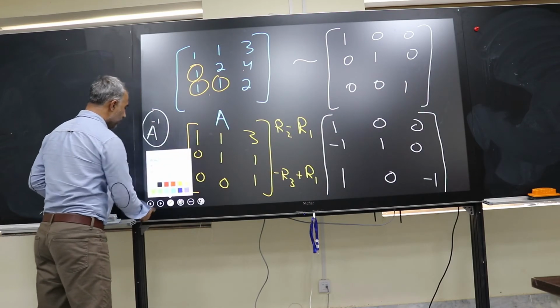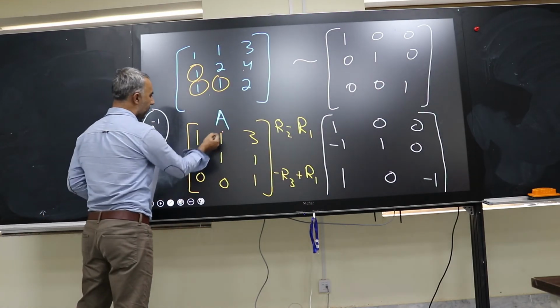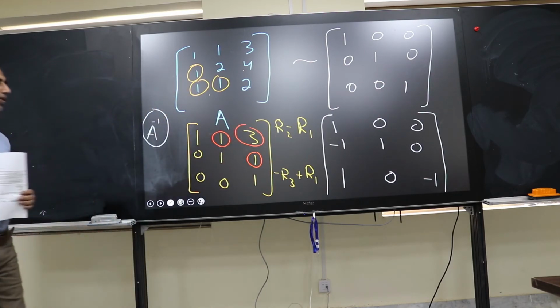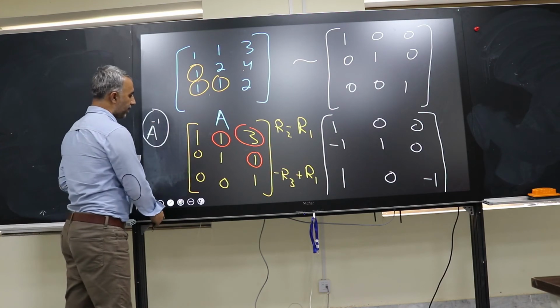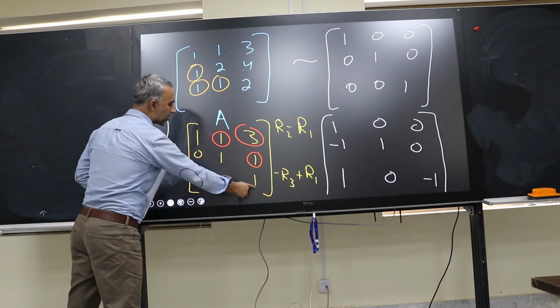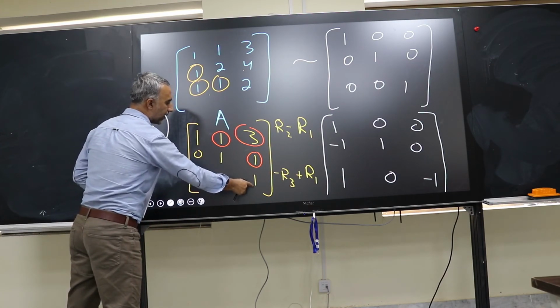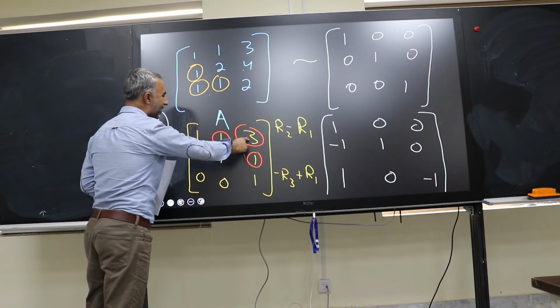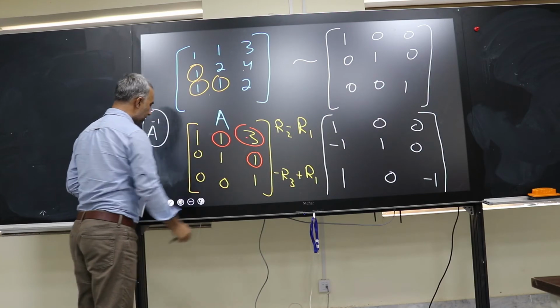Because now we want to get rid of these values, making them equivalent to 0. With the help of this last value, it is very easy to subtract, so this 3 becomes 0.